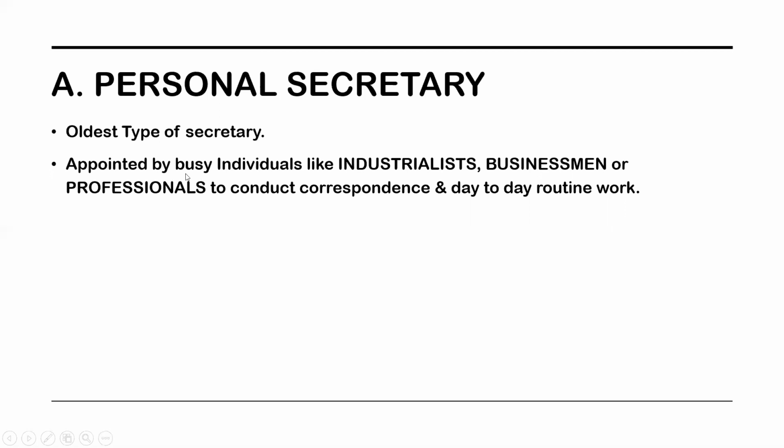Now, as you can see, the word itself tells you the individuals are quite busy. They don't have time for other activities. There are a lot of activities which have to be handled. So these individuals appoint their personal secretary who looks after all the correspondence and day-to-day routine work, so that these people can focus on their main work or important work.